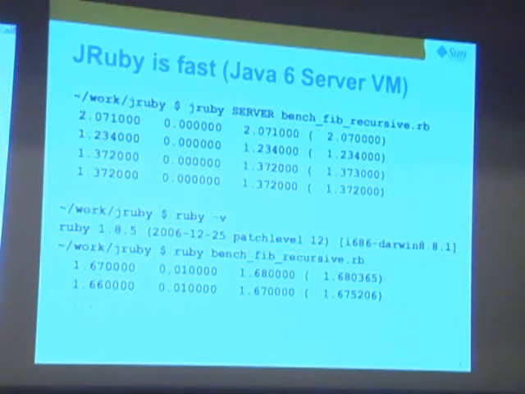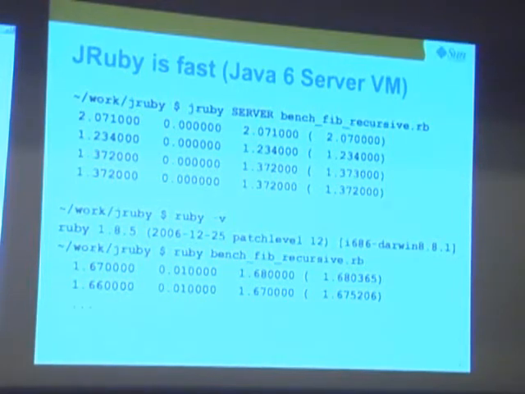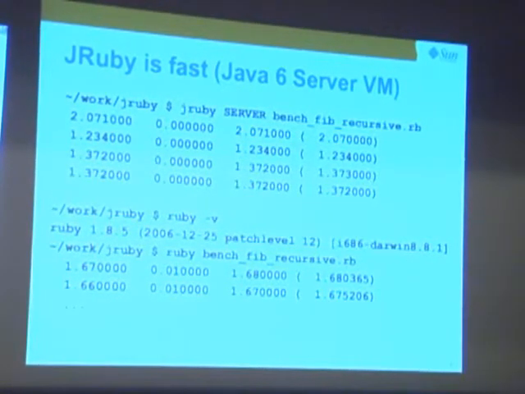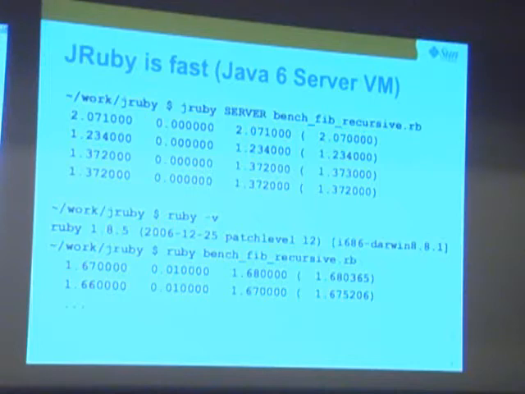And then JRuby ends up running a little bit faster than Ruby 1.8.5. And we are faster for probably most of the benchmarks that are out there, but for general performance, we're not quite sure whether we're as fast or faster yet. But there's a lot more work to do on performance.